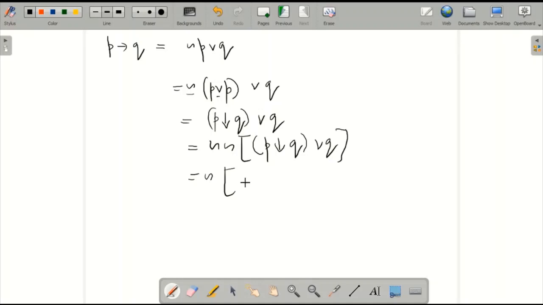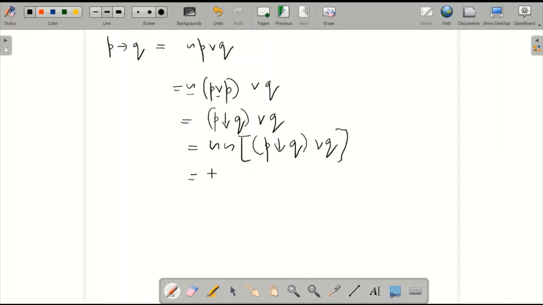Negation of P, negation of P. We apply double negation over here, so let that double negation be as it is.